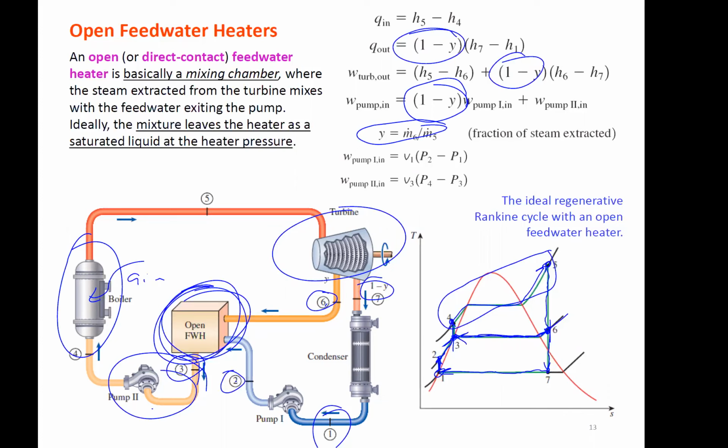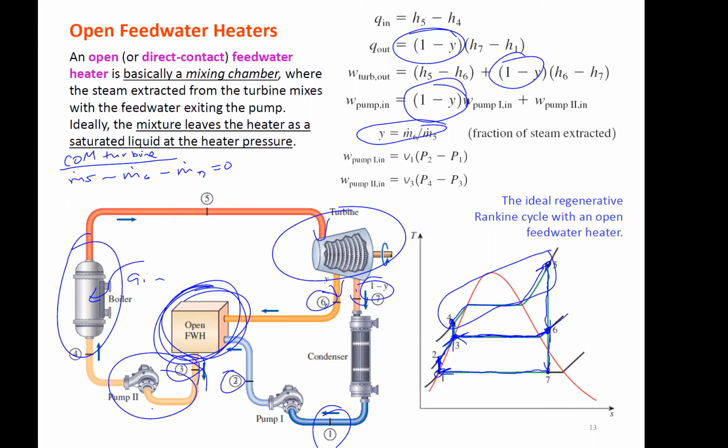So if we do the conservation of mass on the turbine, we would have mass flow rate 5 minus 6 minus 7 equal to 0. We have one inlet, 5, and the outlets are 6 and 7.